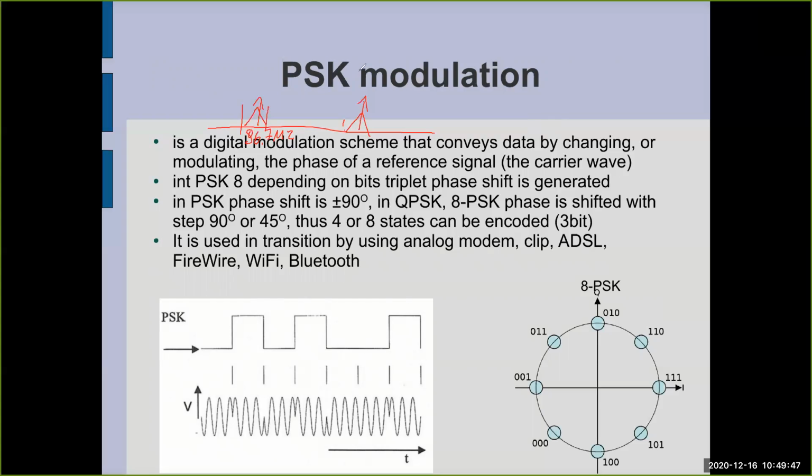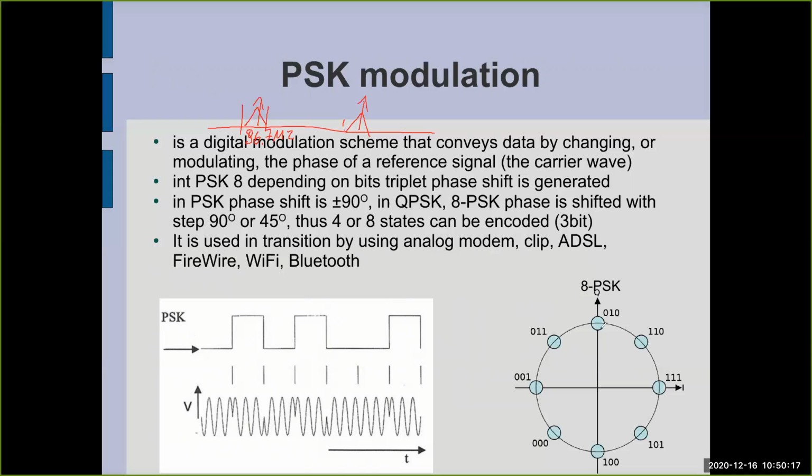Using phase shift keying, we can apply it to modulate not only single bits, but also groups. So for example, 8PSK, which is quite a popular method, applies the phase shift to the signal depending on the value of a group of 3 bits.